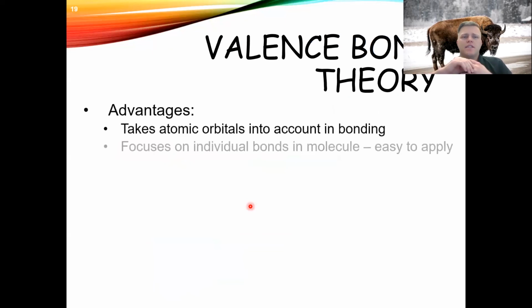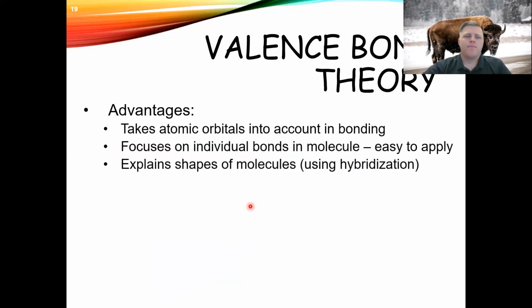All right, so that is valence bond theory. The advantages of valence bond theory are that it takes atomic orbitals into account in bonding, gives us a way of predicting bonding, and focuses on individual bonds in molecules, so it's easy to apply.